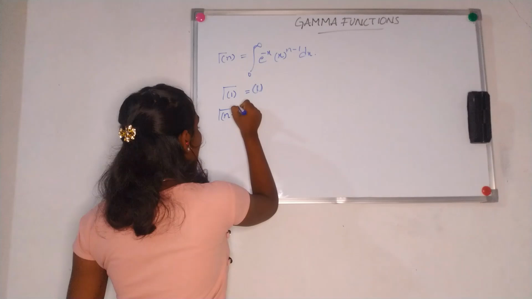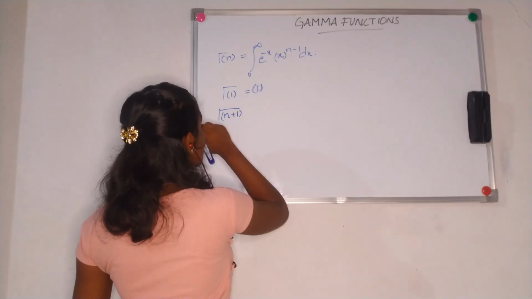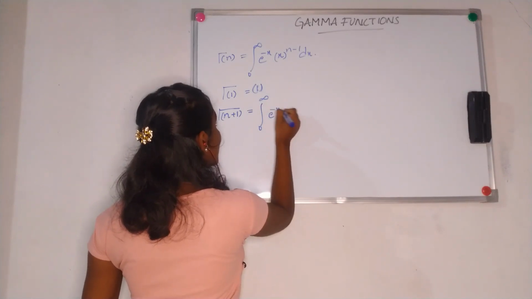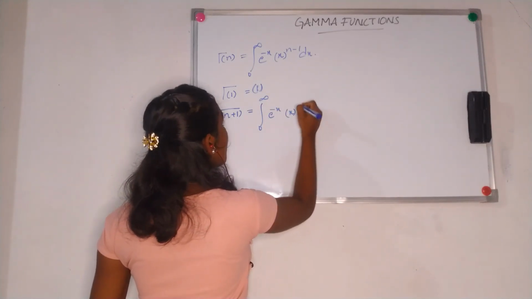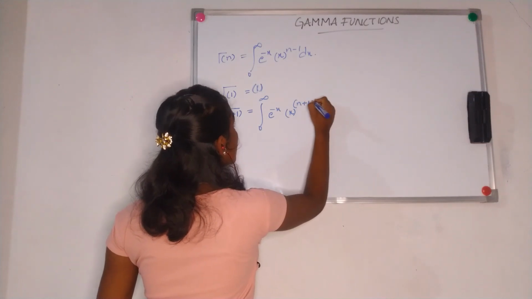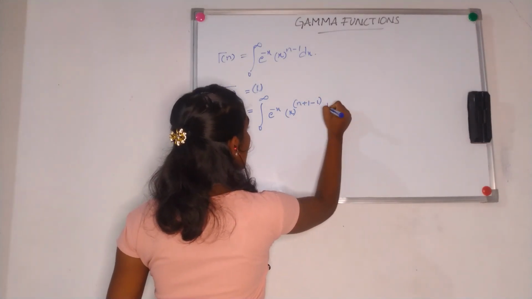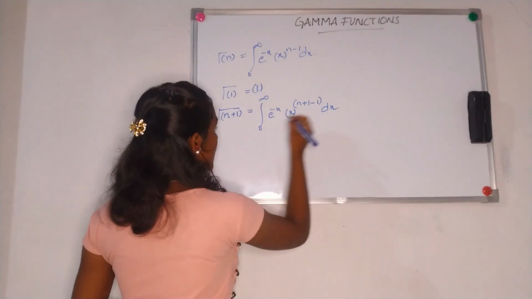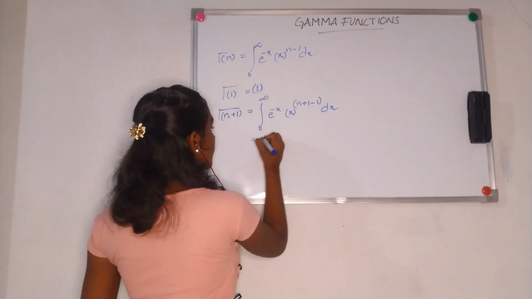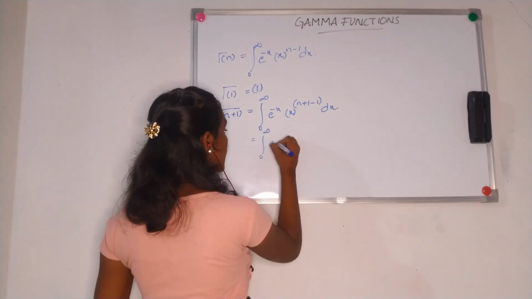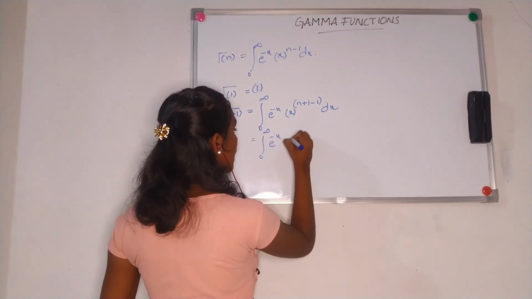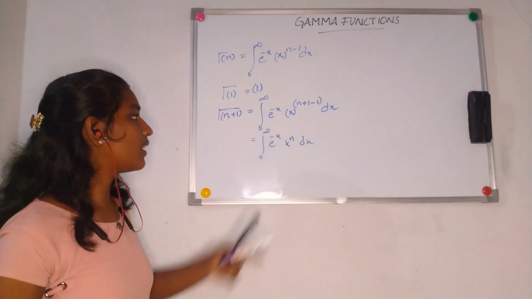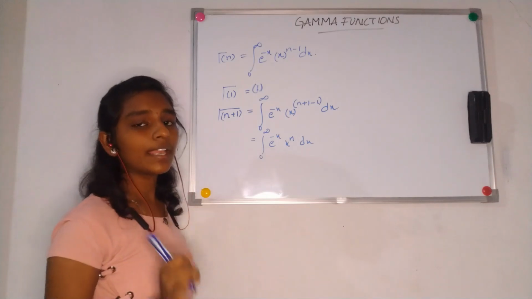If you substitute, what you will get is the integral from 0 to infinity of e power minus x into x whole power n plus 1 minus 1 dx. Have you got the point? This gives me the integral from 0 to infinity of e power minus x into x power n dx.